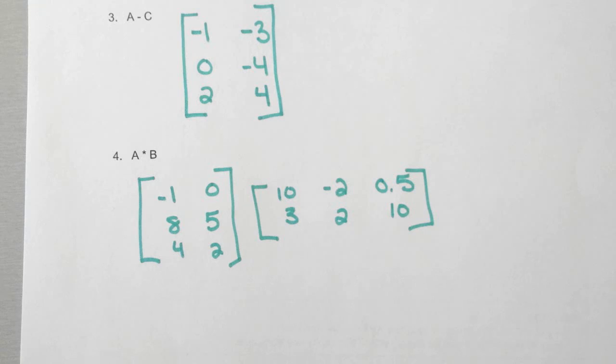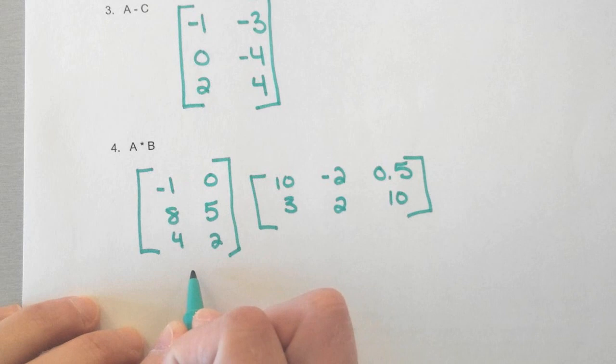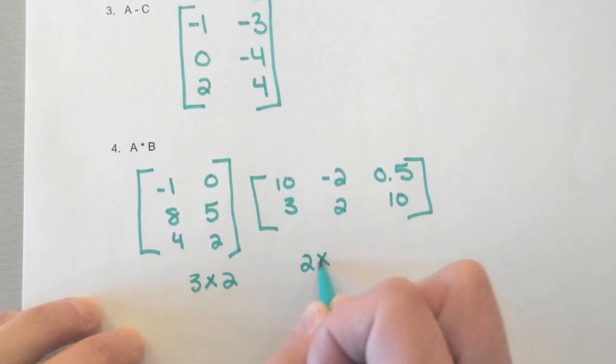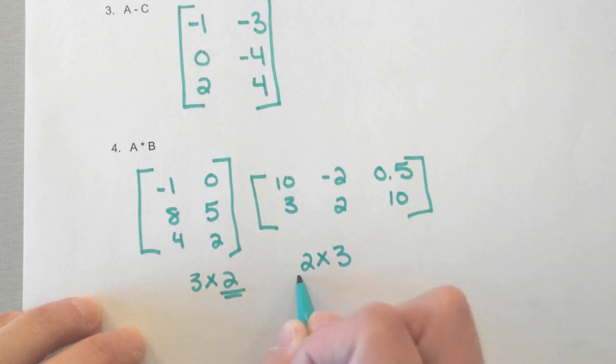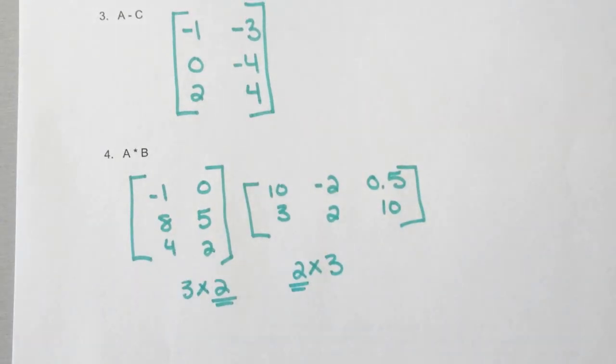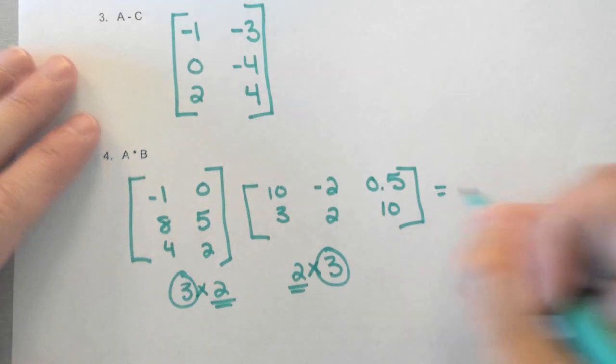Listening, please. At first glance, you look at it and you're like, I can't multiply that. What is this one in terms of its dimensions? 3 by 2. What's this one? Okay, so remember that these have to match the inner dimensions. Do they? Yes. And my resulting matrix is going to be a 3 by 3.